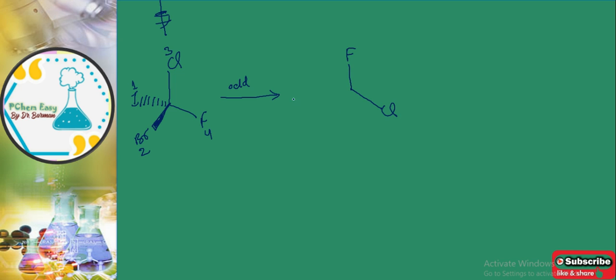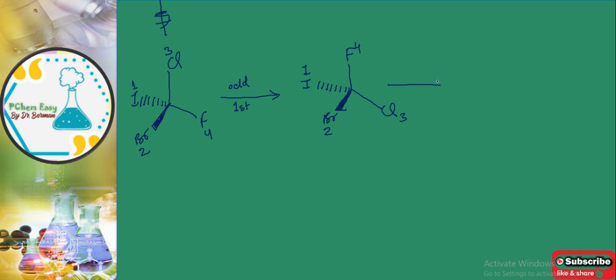Chlorine coming here, fluorine coming to this place. We are not going to do anything with this, it will remain as such. Iodine, bromine. So 1, now 4, this is 3, this is 2. This is the odd exchange. We made the first change, first time.